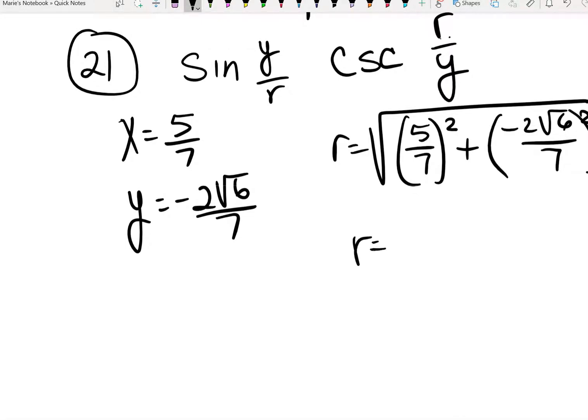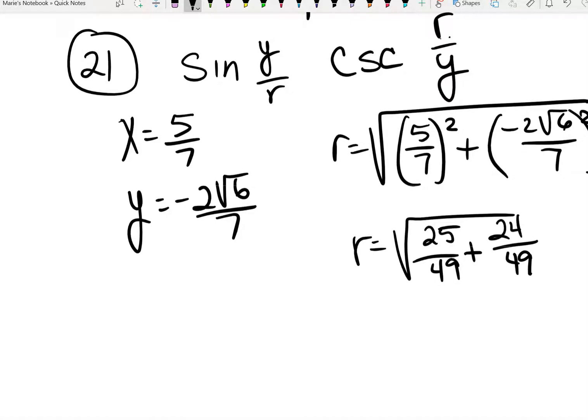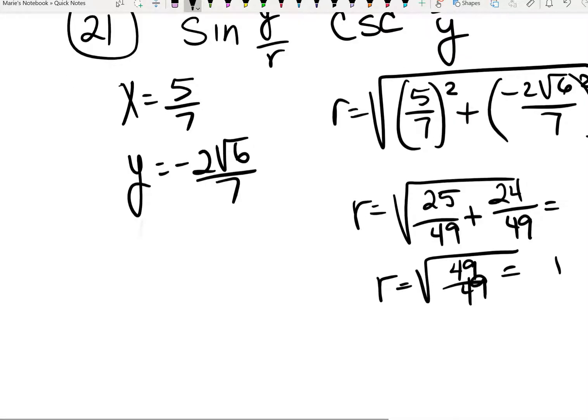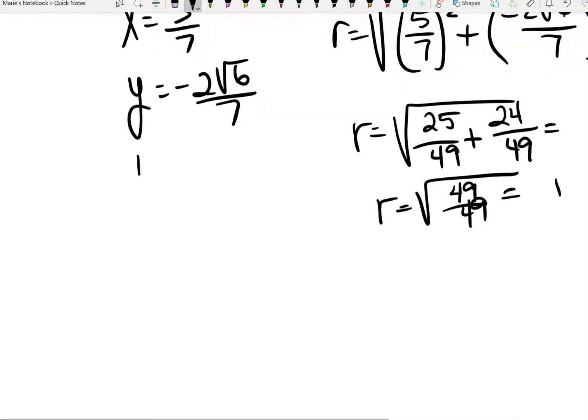So r is equal to the square root of 25/49 plus, this will become 2 times 6, so it'll be 24/49, leaving us r is equal to the square root of 49/49, which should equal 1. Okay, so r is equal to 1.